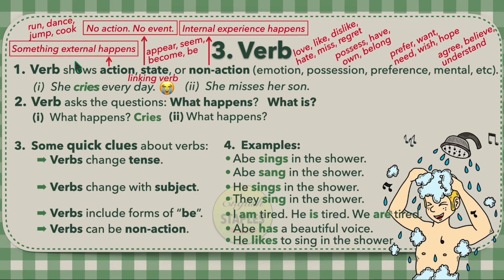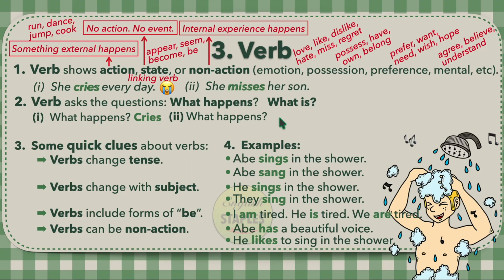There's nothing external happening here, right? We can't say that there is no action because she is doing something, but it's internal. It's an internal thing that's happening. And what is that internal thing?